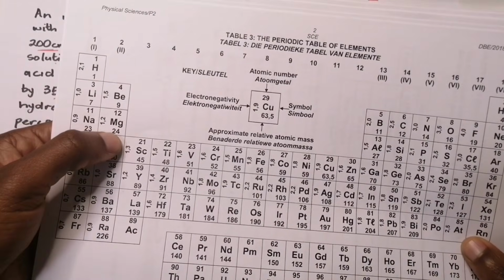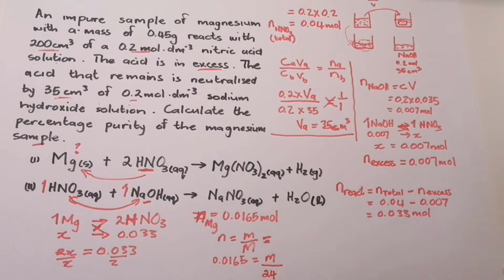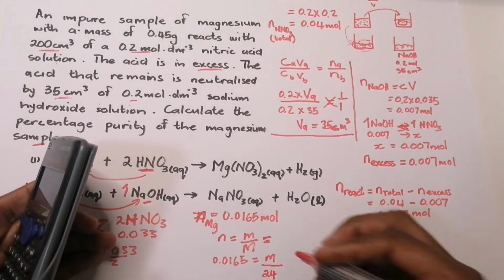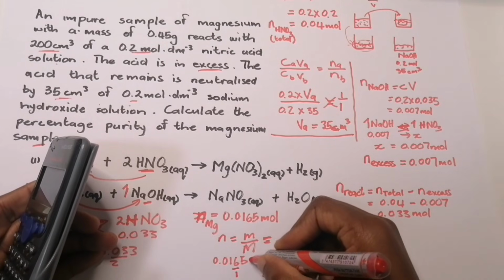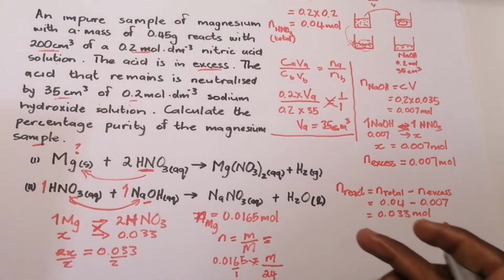Magnesium has a molar mass of 24. So in this case that's 24, and we cross multiply there. And I get a value of 0.396.